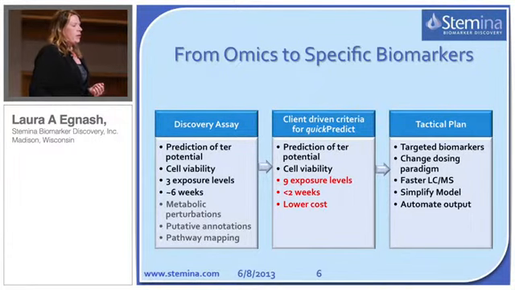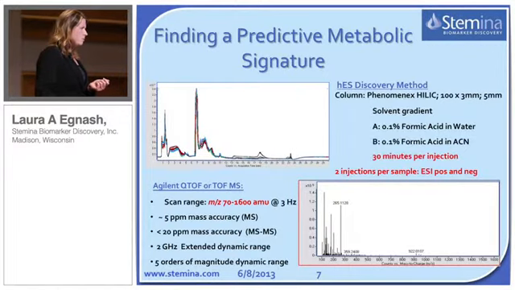So our tactical plan here was to discover targeted biomarkers that we could then develop into a faster assay, change the dosing paradigm, and simplify the model that we use, and with automated output as well. So finding that predictive metabolic signature, this is the discovery method, and this is a total ion chromatogram.